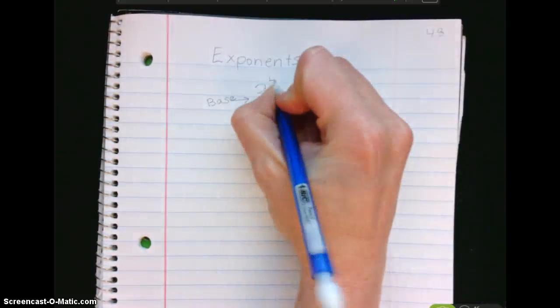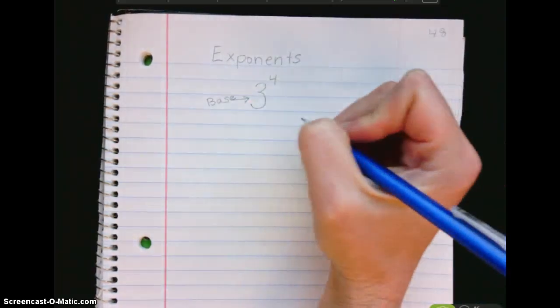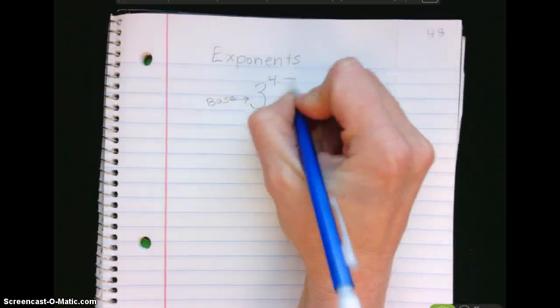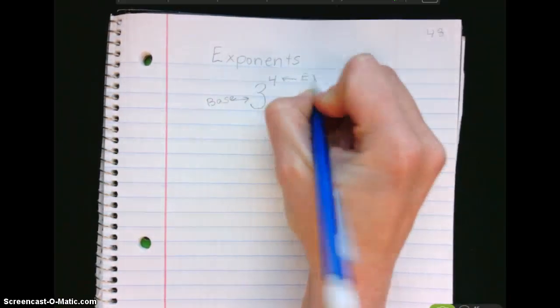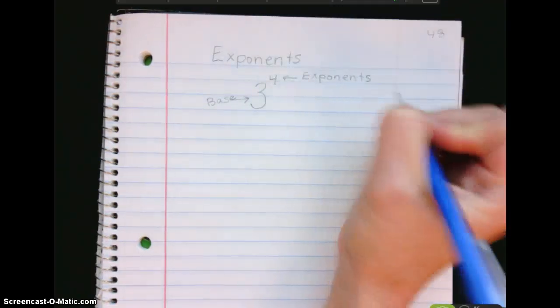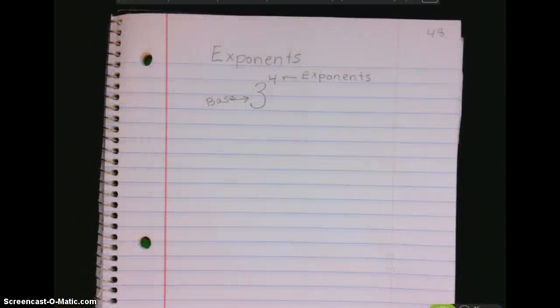When we have this little number up to the top, halfway up above the number, that is called our exponent. Again, make sure that when you are writing exponents, you are extra neat, because 3 to the 4th power, if your 4 is too big, can quickly get confused with 34.